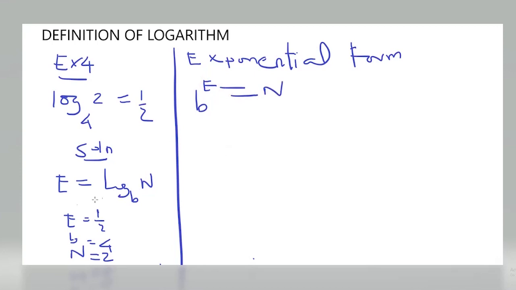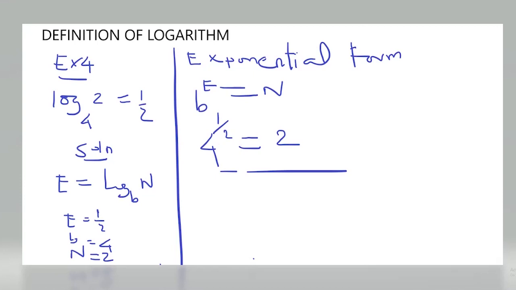The base is 4, power exponent, which is a half, is equal to the number, which is 2. So this is how we can write a logarithmic form into an exponential format.